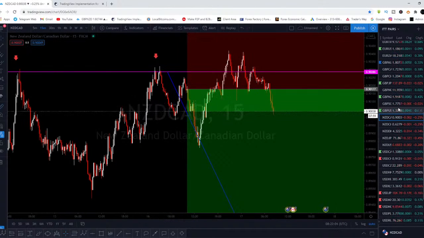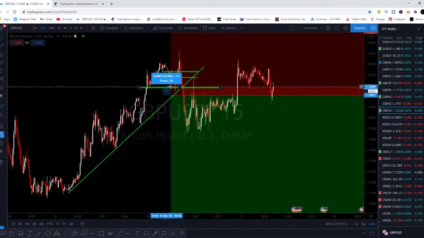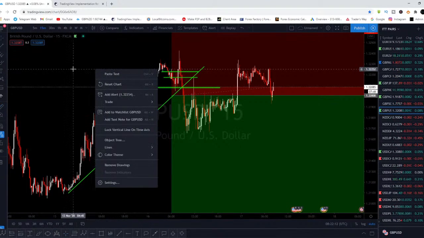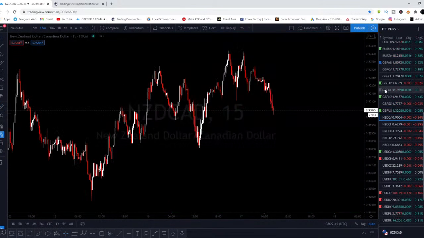GBP USD is at negative 7 pips, and those ones are in profit as well.